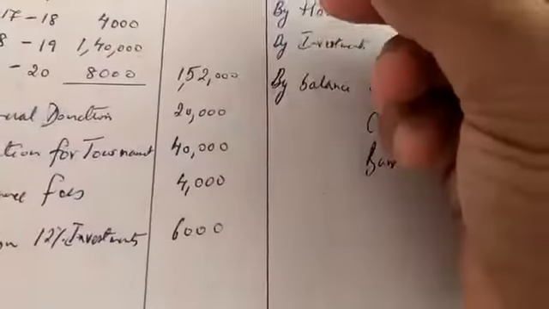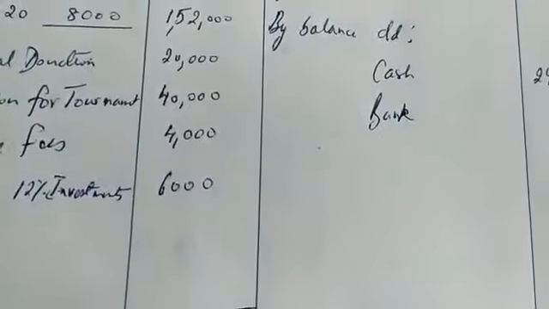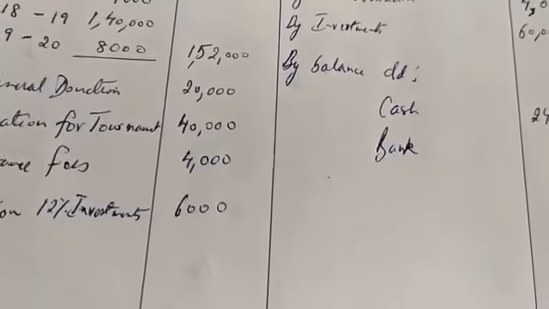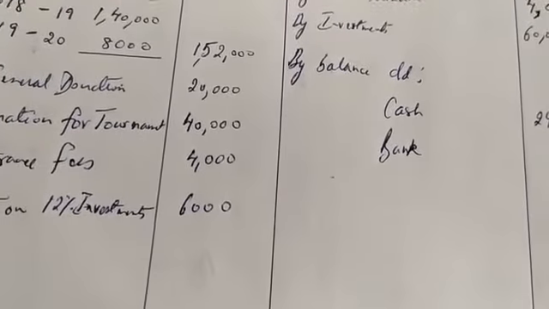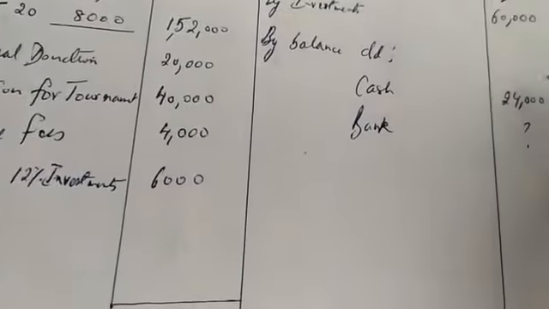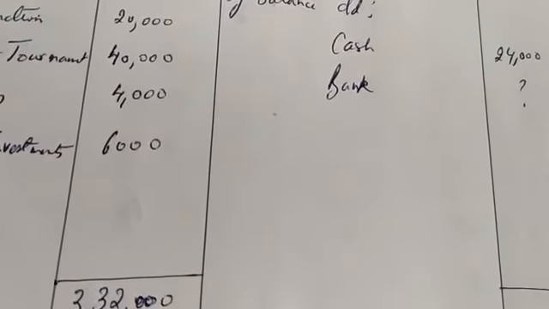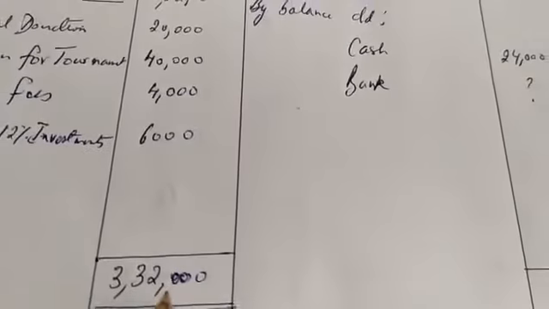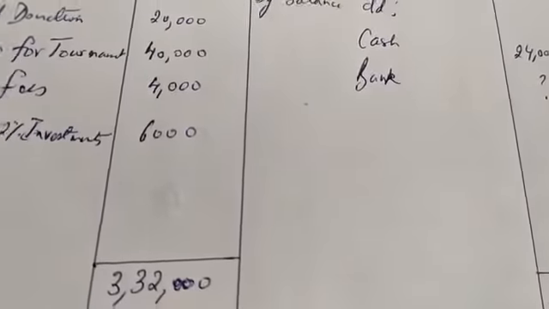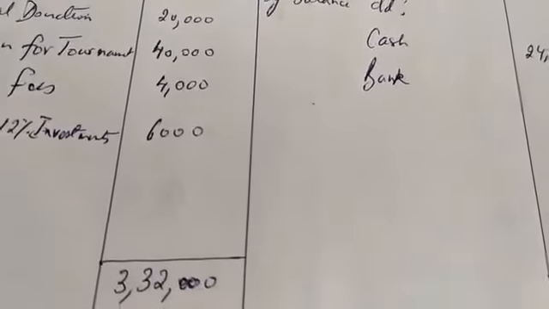When we total the receipt side, this total amount will come to 3,32,000, and I have written it directly, but you shouldn't be writing it first. You will total this side and also total the credit side. The credit side total comes to 2,61,600. As you see, the debit total is heavier, so that total would be entered under both sides after closing the columns.